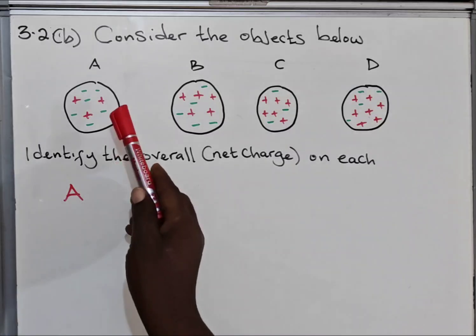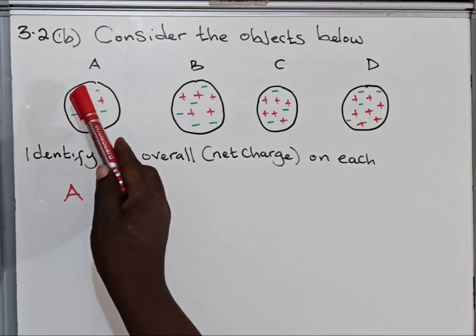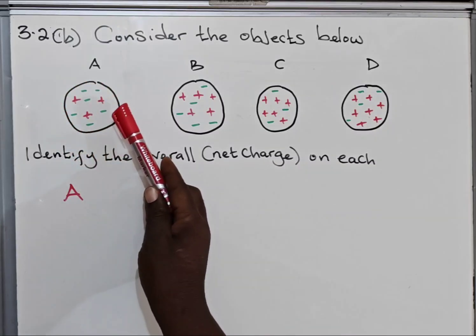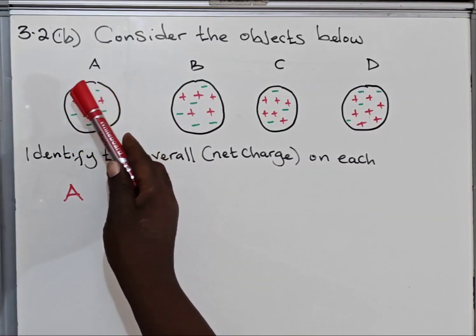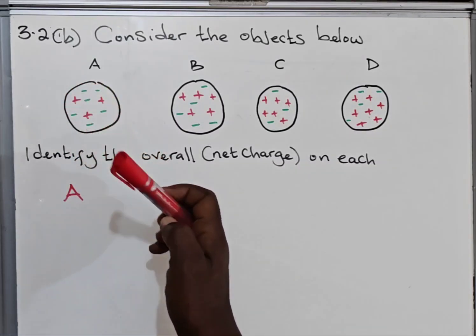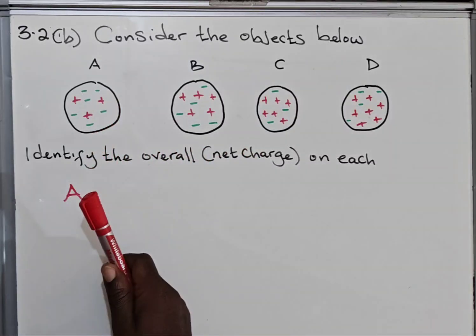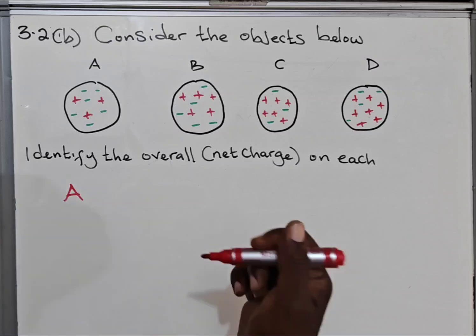So what do we see here? In A we are seeing 3 positives and 6 negatives. So the net charge is the one which is bigger. So the net charge is going to be negative.